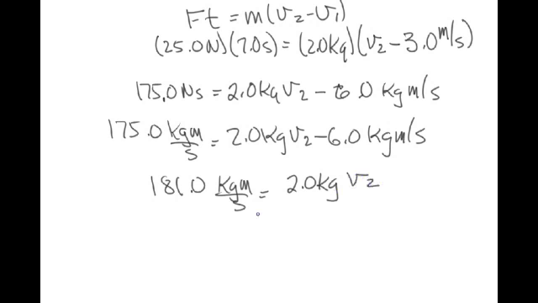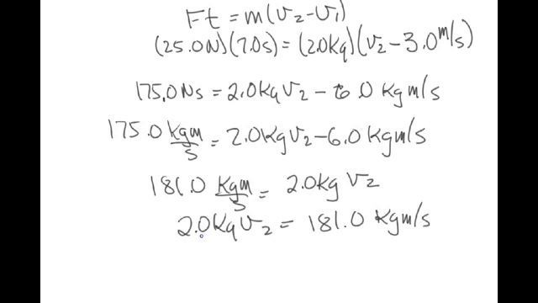I'm just going to flop these, switch these two left and right. So I get 2.0 kilograms V2 equals 181.0 kilogram meters per second. Dividing both sides by 2 kilograms, I get a V2 equal to 90.5 meters per second.